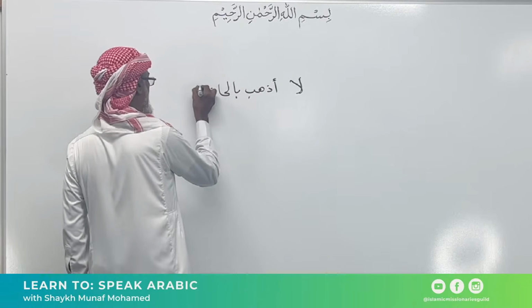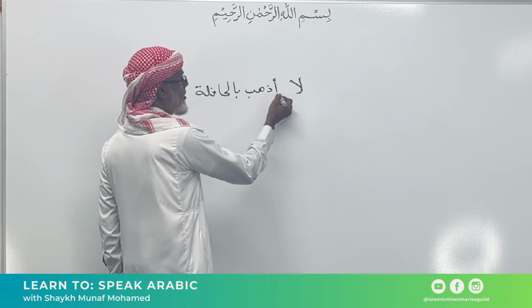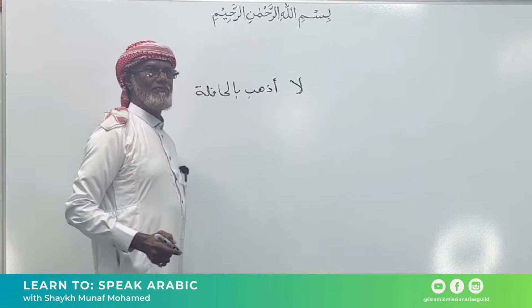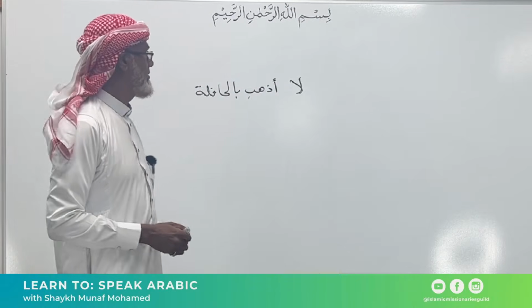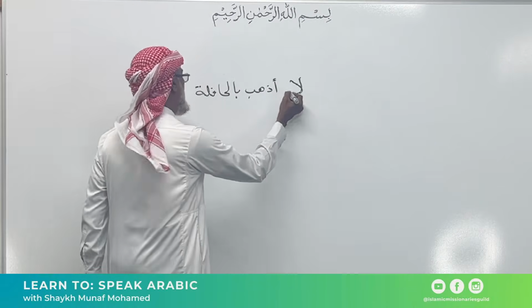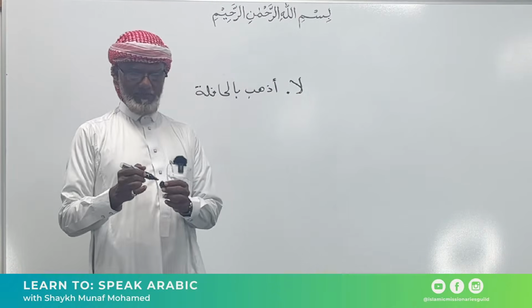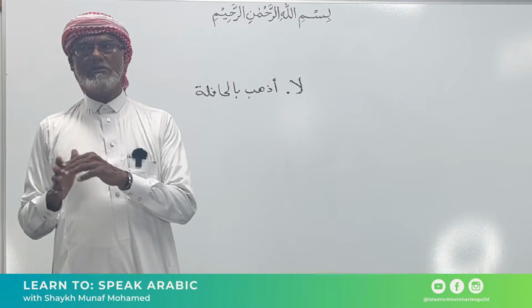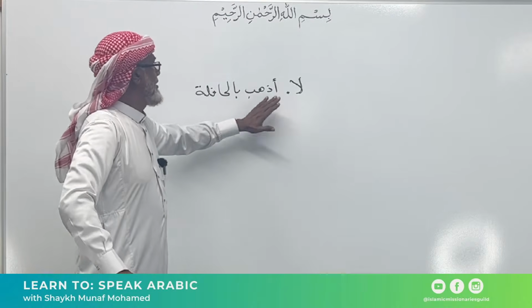Now, if you do not pause between the verb and la, it will change the meaning. So you have to pause here, you have to stop. So the la is an answer to the question he asked. You say la, pause, and then you say adhabu bil.